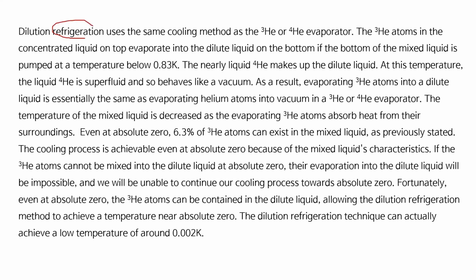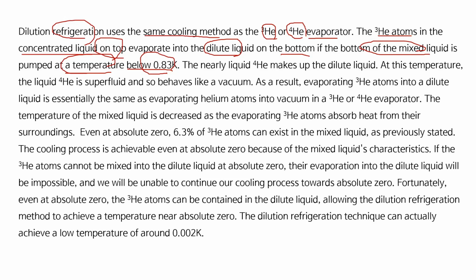Dilution refrigeration uses the same cooling method as the helium-3 or helium-4 evaporator. The helium-3 atoms in the concentrated liquid on the top evaporate into the dilute liquid on the bottom if the bottom of the mixed liquid is pumped at a temperature below 0.83 Kelvin. The dilute liquid is made up of nearly pure liquid helium-4.